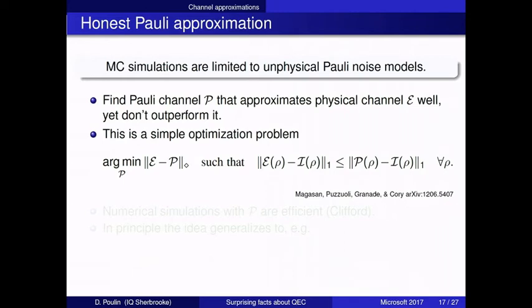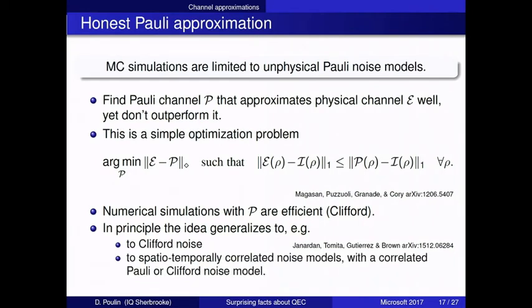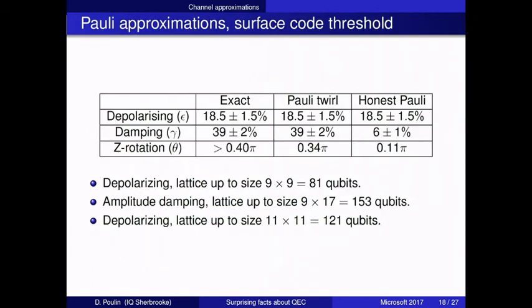So it's as close as you can be without being better. This is called an honest approximation. And now you do your numerical simulation with this Pauli approximation. In principle, you can generalize this. Ken has generalized this to Clifford noise, but you could introduce correlations. And so I think this is a very good idea, and it's very rich.